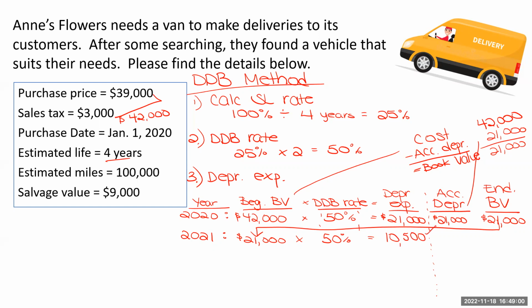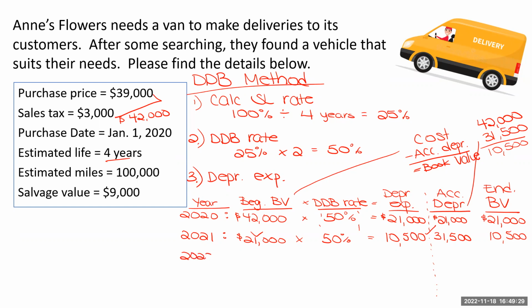Accumulated depreciation now is the sum of these two, or 31,500. Our ending book value, let's solve. Your ending book value is now 10,500. That's why it's so nice when it's 50%.